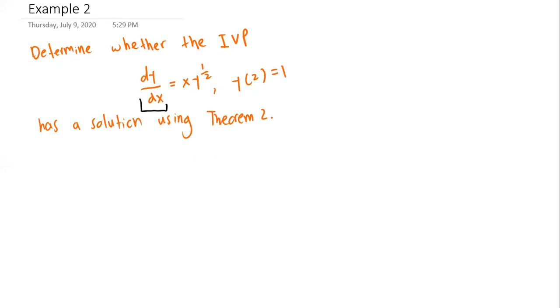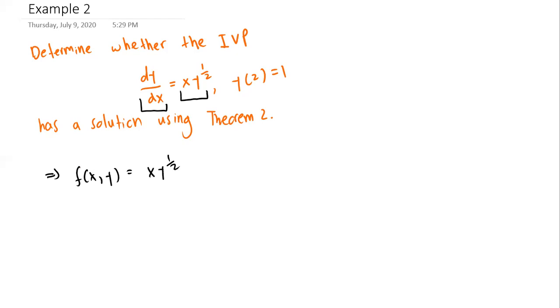For our purposes then, whatever's on the right-hand side of the equal sign is our f of x, y. So for our purposes, f of x, y is whatever you get on the right-hand side after you solve for the derivative. In this case it is x times y to the 1/2.